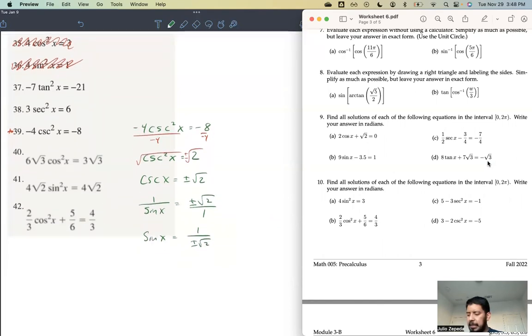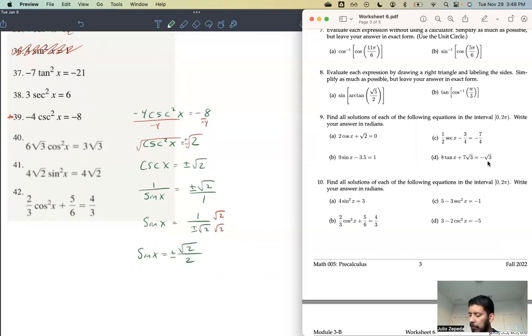And if we rationalize this, we can do that by multiplying by the square root of 2 on both the top and bottom. And so we get sine of x is equal to square root 2 over 2, and we have a plus or minus sign.